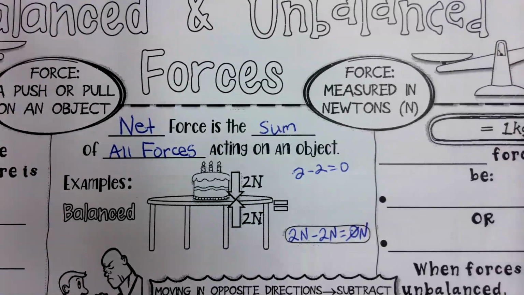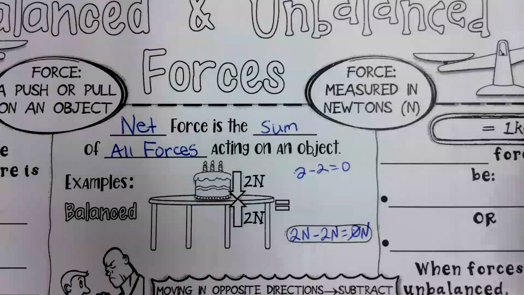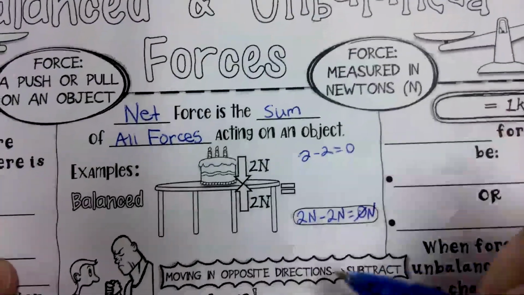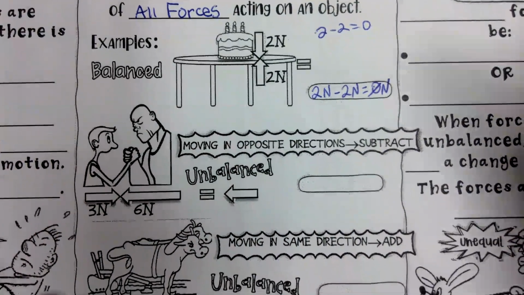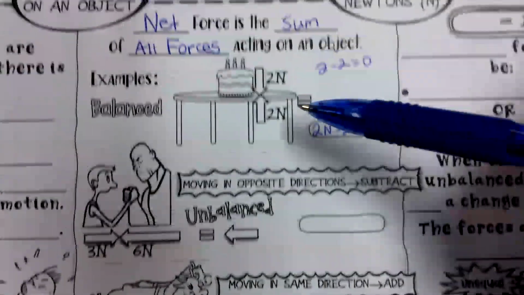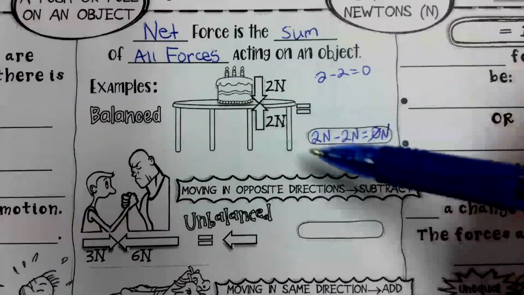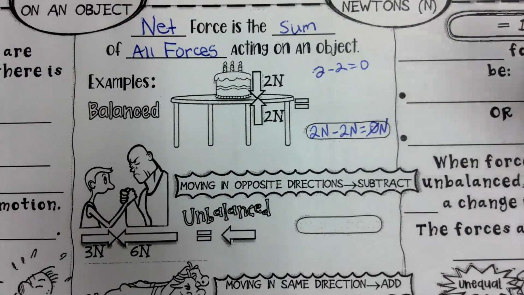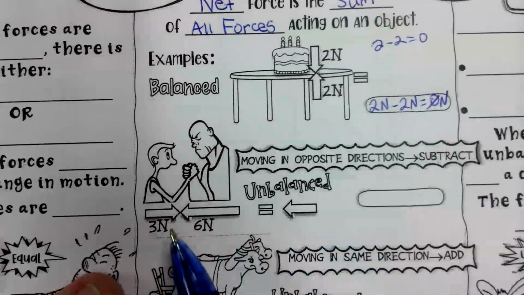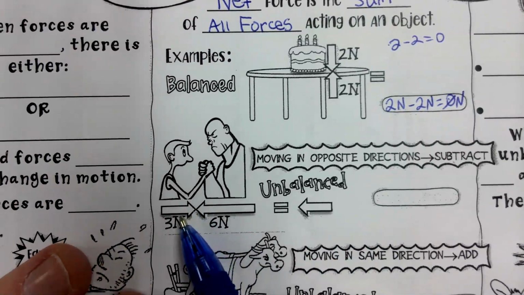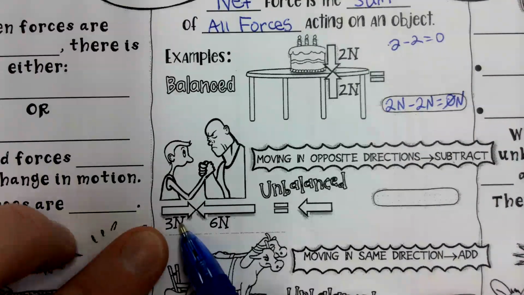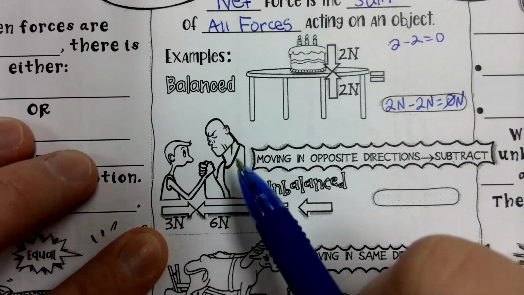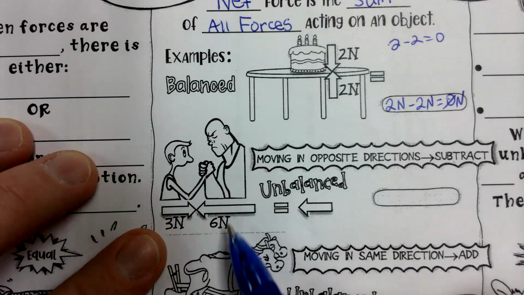So let's do the right side. Actually, let's go down first, and then we'll do the right side and the left side. Like we just talked about, when the forces are moving in opposite directions, we need to subtract. For instance, this person is pushing down with 3 newtons, and this person, obviously a larger person, is pushing down with 6 newtons.